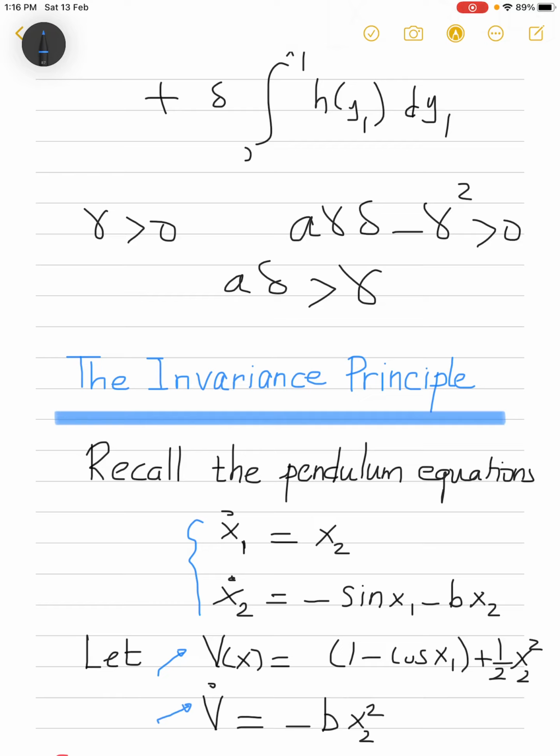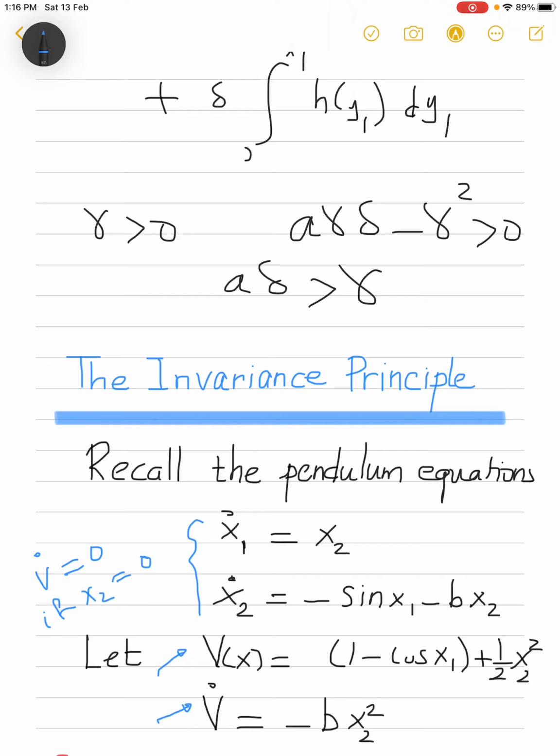It's minus b x2 squared. So it is equal to 0 if the state variable x2 equals 0. But x2 actually is nothing but the velocity of the pendulum. In order for the velocity of the pendulum to maintain zero velocity, we have actually to assure that the acceleration is equal to 0.